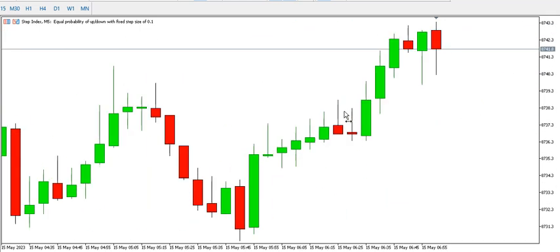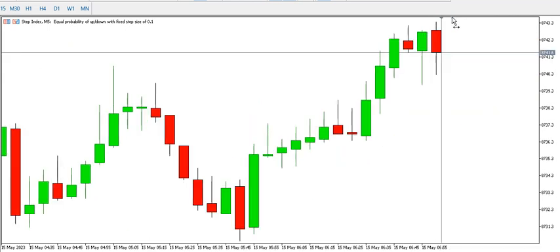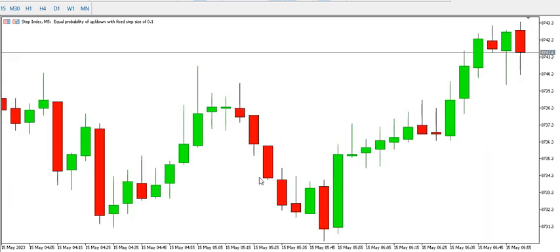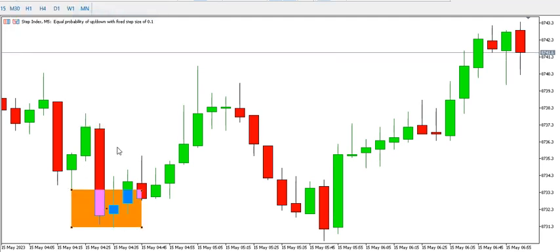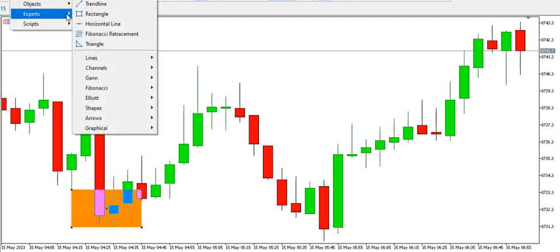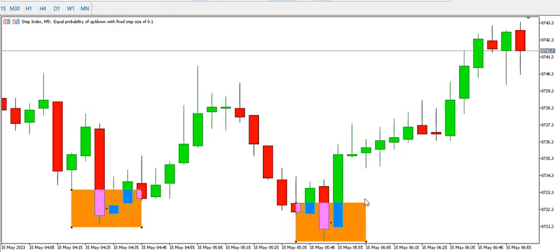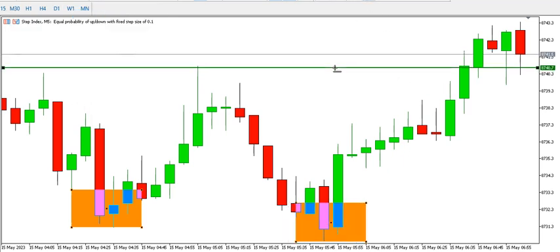Looking at the 5 minutes time frame, you can see this double bottom. Price is reacting to this double bottom pattern. This is the left bottom and this is the right bottom. Look at a break of structure around here, a break of the neckline, and price is testing that break.